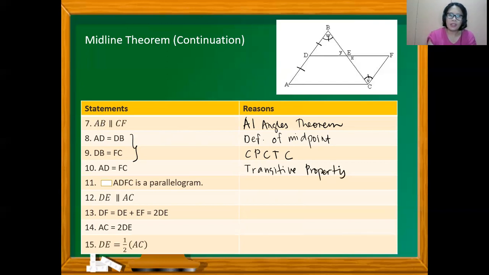Now, quadrilateral ADFC is a parallelogram. Why? So I'm going to expand the reason here.